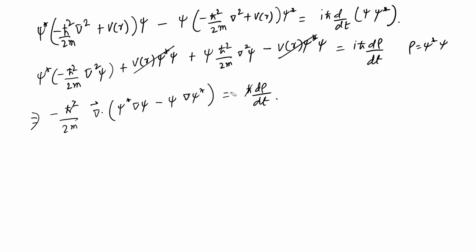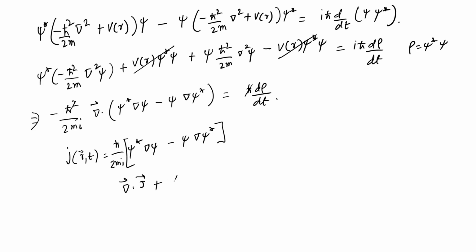If we define j, a function of r and t in general, equal to h cross over 2m i times psi star del psi minus psi del psi star, this gives you that divergence of j plus del rho del t is equal to 0. Okay. So, this is the equation of continuity.